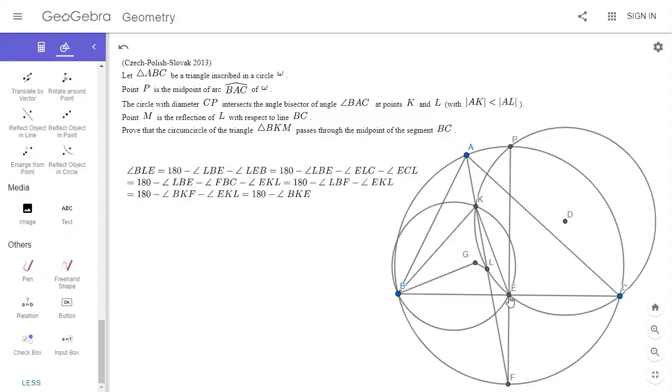Okay. ELC is ELC. Wow, this is a tricky one.